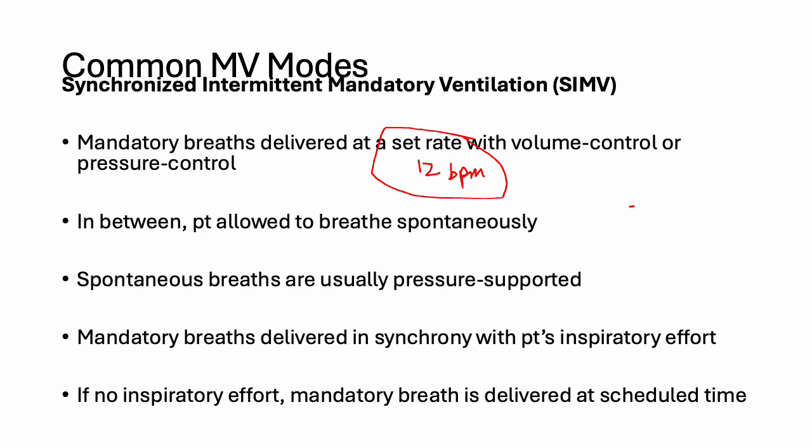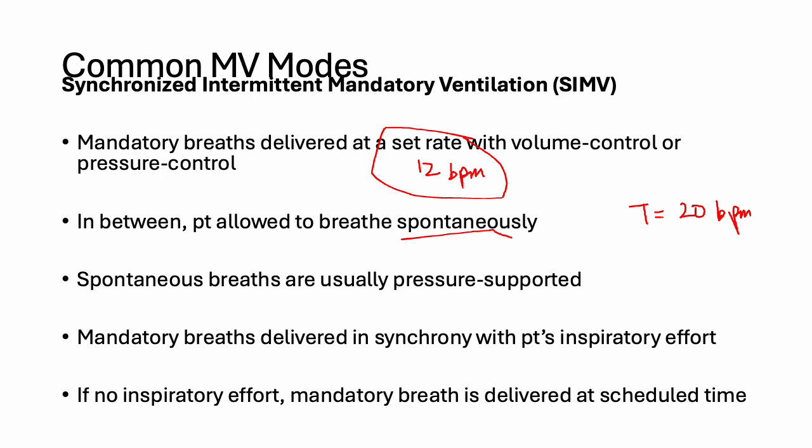So you read from the machine that the total respiratory rate is 20. Of this 20 breaths, how many are machine breaths? How many are spontaneous breaths? Simple mathematics. The 12 breaths are the machine breaths, then the remaining 8 breaths are the spontaneous breaths.